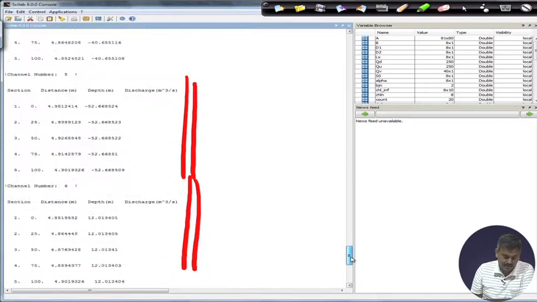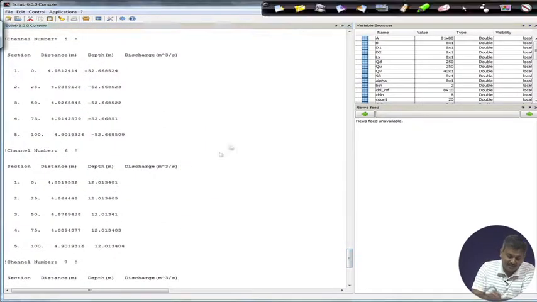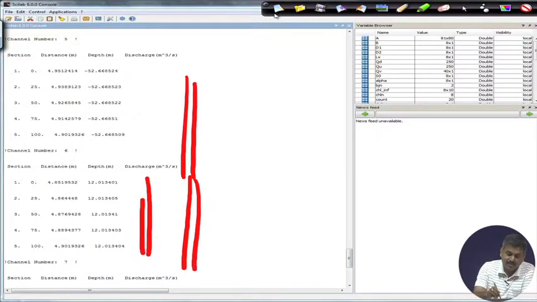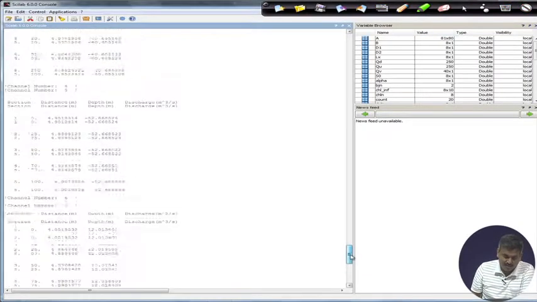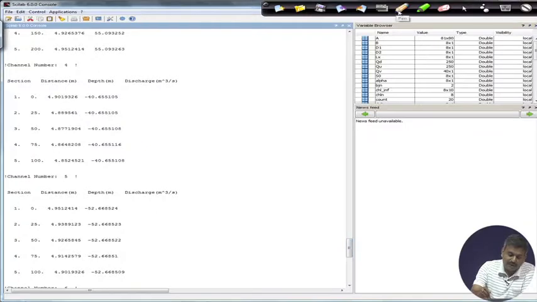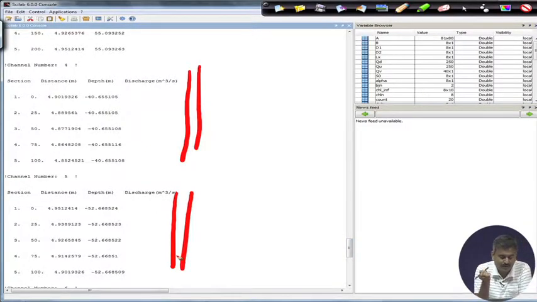then 6 I am getting same result, and for 4 and 5 where I have changed the direction of flow, I am getting negative values.